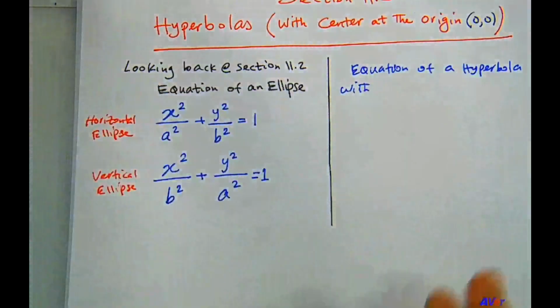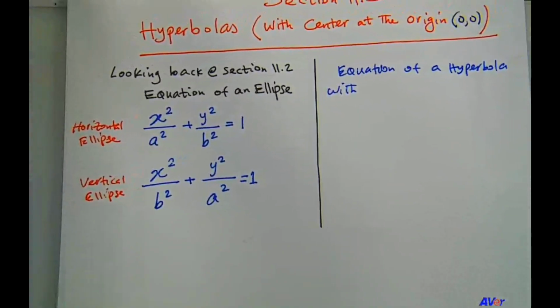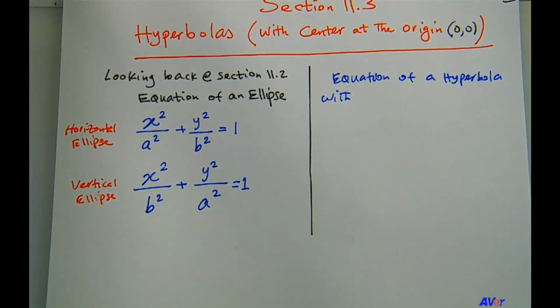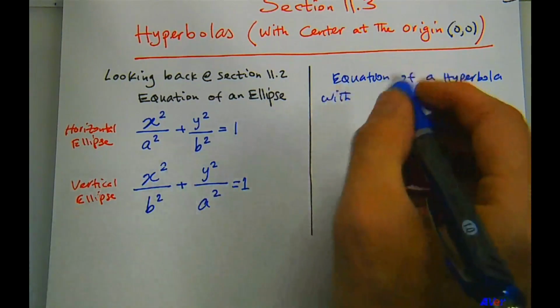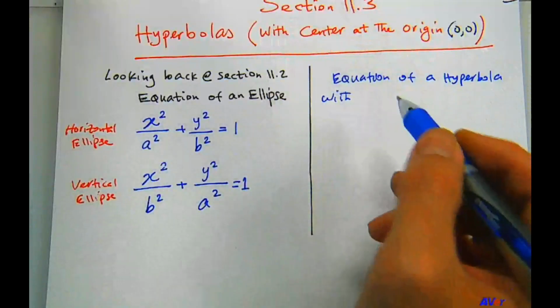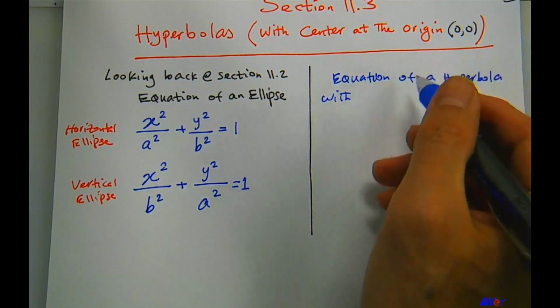Notice all the conic sections we've been talking about so far, the circle, the ellipse, the parabola, and now the hyperbola, we've looked at their formulas such that these conic sections were centered at the origin, and this is no exception so far. But in section 11.4, we will look at situations where these conic sections are centered off origin at some other point within the Cartesian coordinate system.